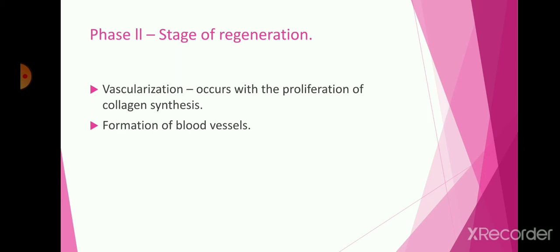So in the second phase, that is the stage of regeneration, vascularization occurs. Vascularization occurs because the capillaries get damaged due to the injury, and it occurs with the proliferation of collagen synthesis, and this formation of blood vessels occurs at the stage of regeneration. So at the injury site, vascularization also occurs, that is the formation of blood vessels at the injury site.